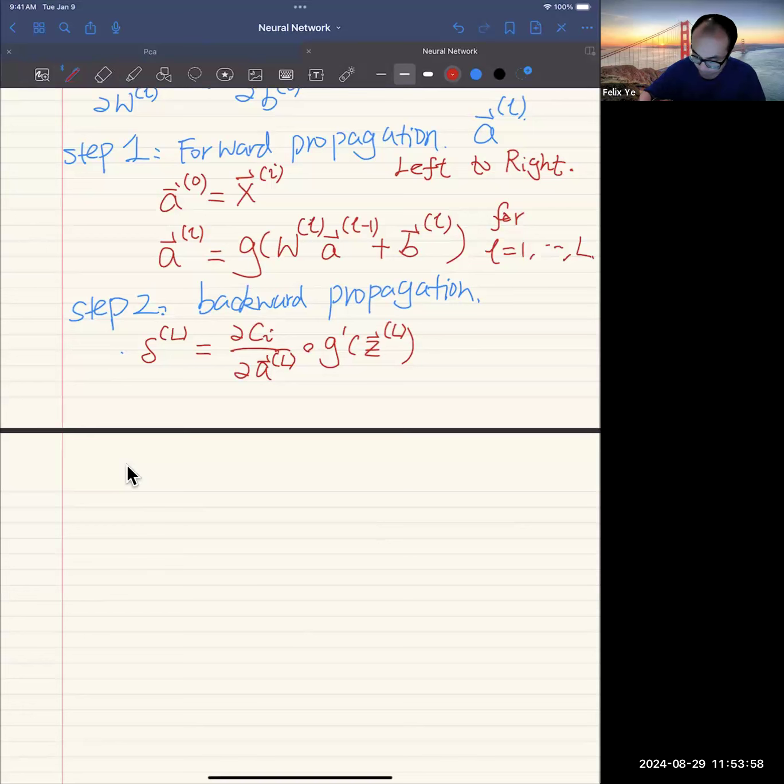Then delta little l is calculated backward from L to L minus 1 to L minus 2 until 1.